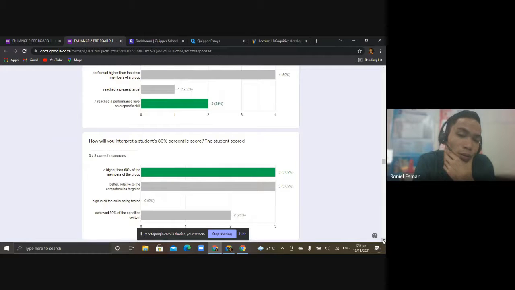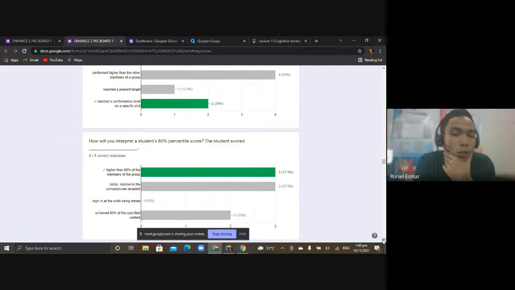In this case, how do we interpret a student with an 80% percentile score? It means that the student's score is higher than 80% of the members of the group. That is the meaning of a percentile score.